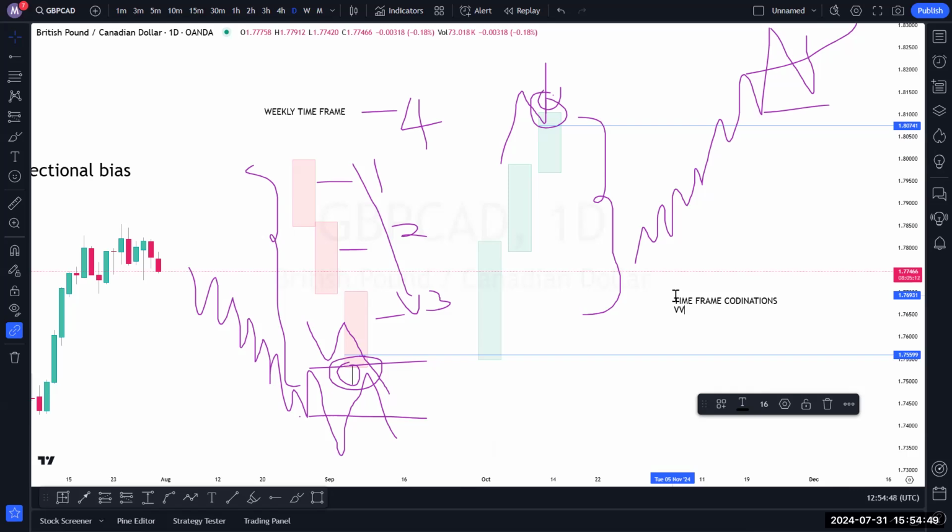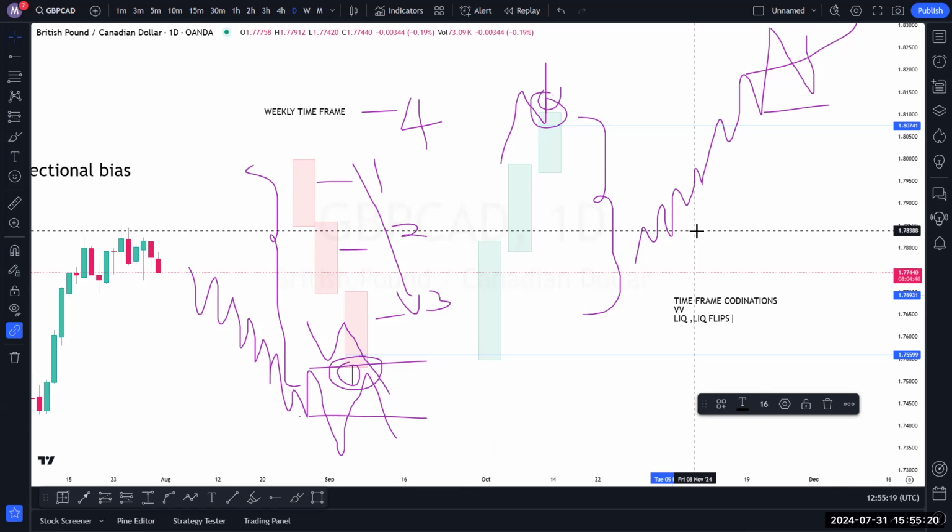Our entry models are always the liquidity engineering, the liquidity trips on these areas. When you're dealing with the validation and the invalidation, with a structure-based direction bias, that's how we get an entry based on how price has been moving.